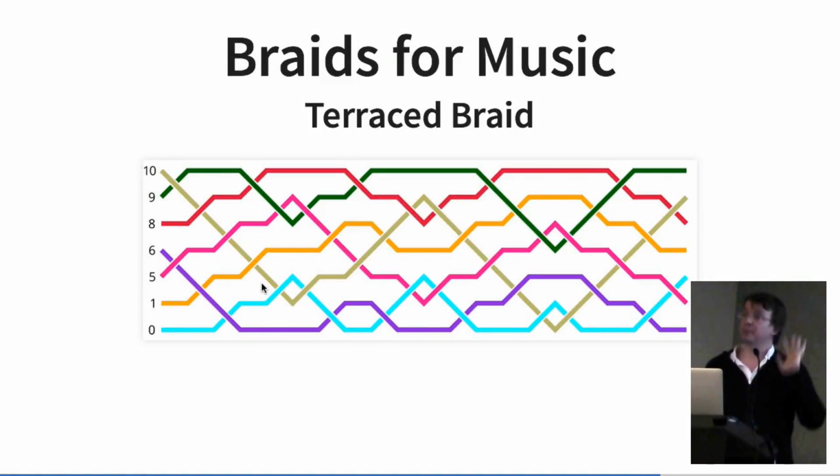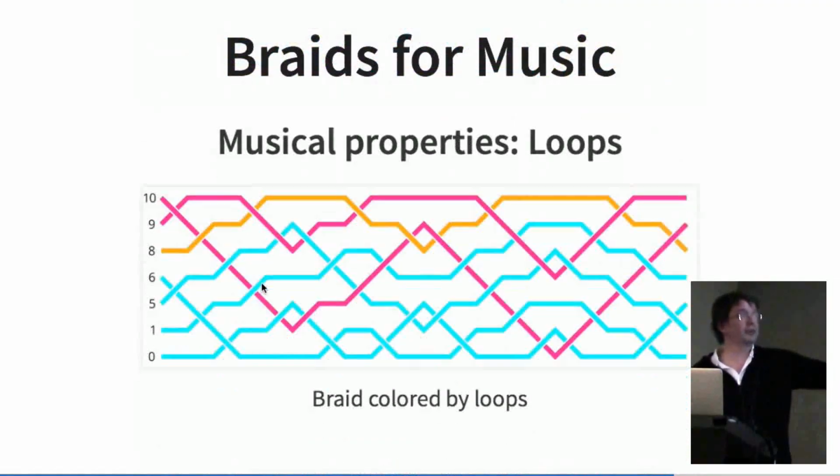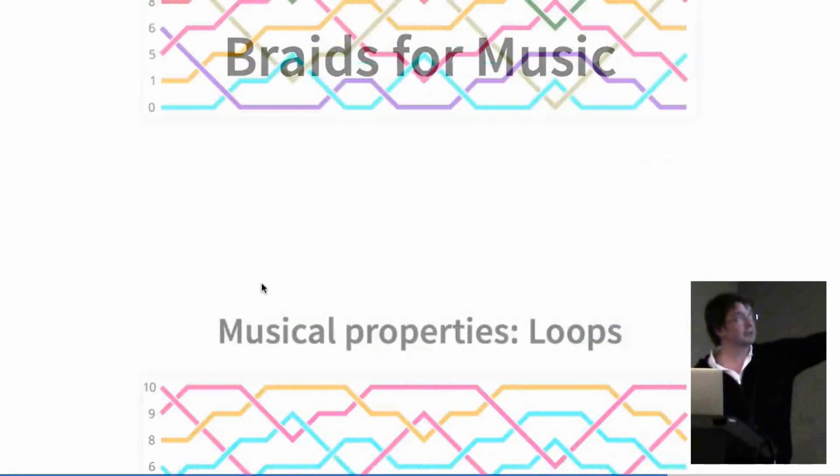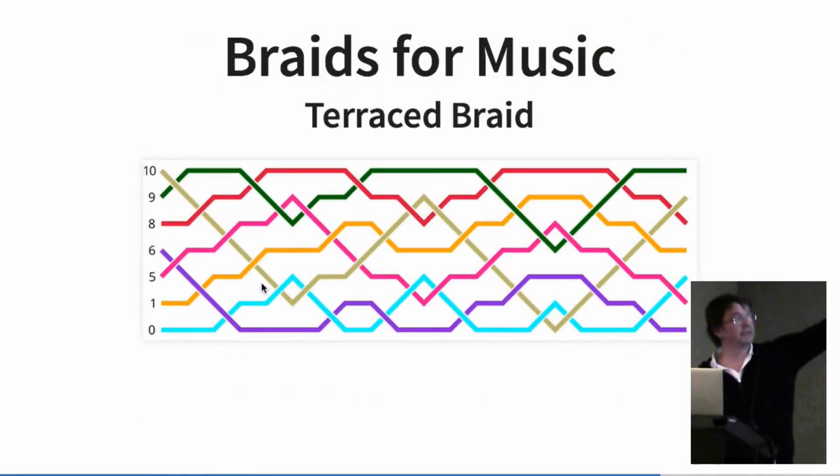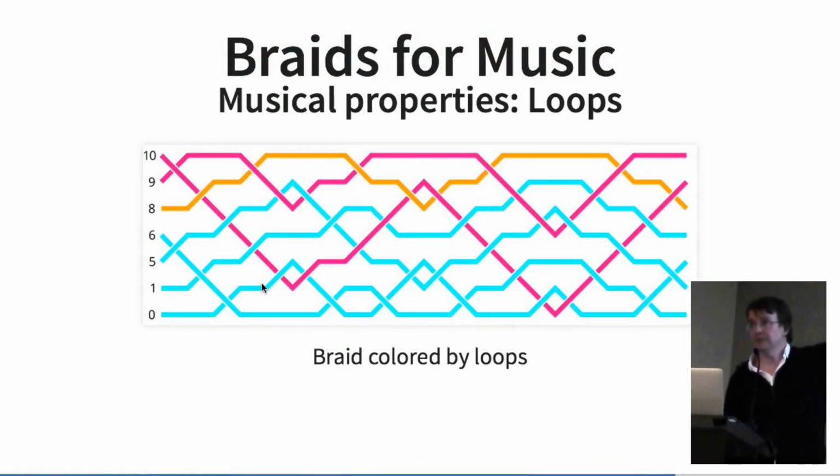That's interesting by itself, but braids have another property that we touched on a little before, which is that they actually loop around and connect up with other braids. So if we look at the difference between these two braids, this is just the strands. Now if we color them by the sequences or by the loops, we really only have 3 distinct threads in this braid. So what does this mean musically? It means that at the 8 slot, I've got a line that is maybe 1 unit long.